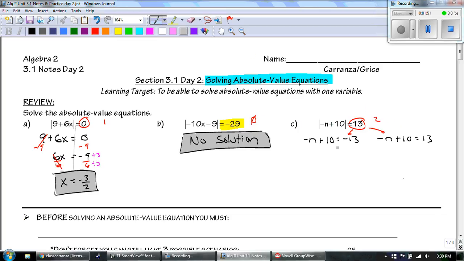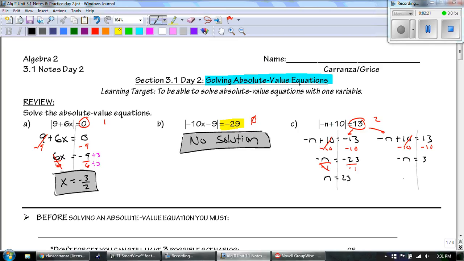Okay, so for this guy, we had to solve. I have to subtract 10. We get negative n equals negative 23. And then we have to divide by negative 1. So we get n equals 23. Now that's one answer, but then I have to do the exact same steps again.